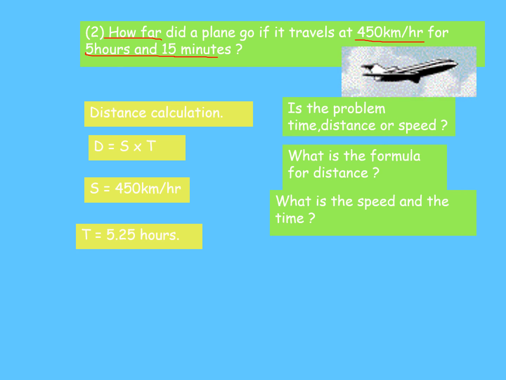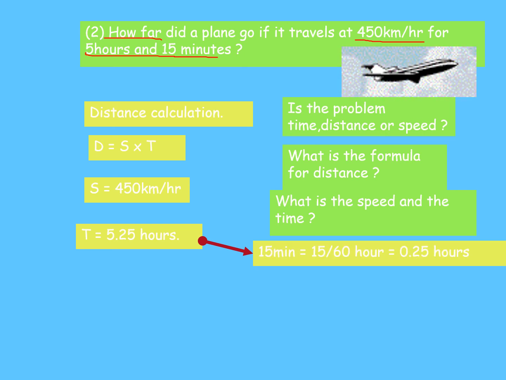5.25 hours. Why is that 5.25 hours? Again, we convert minutes into decimal number. So 15 minutes divided by 60 is equivalent to 0.25 hours. Okay? Now, calculate the distance.